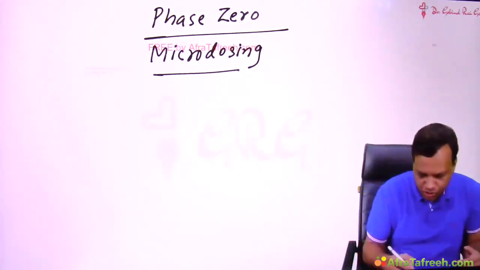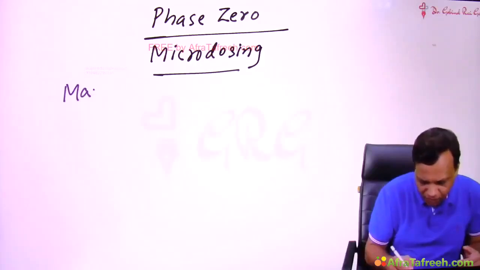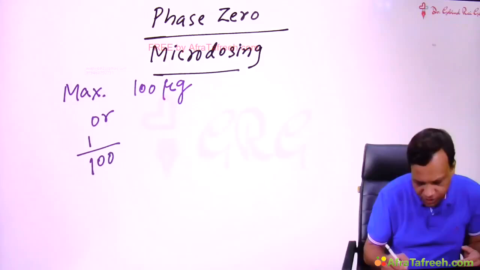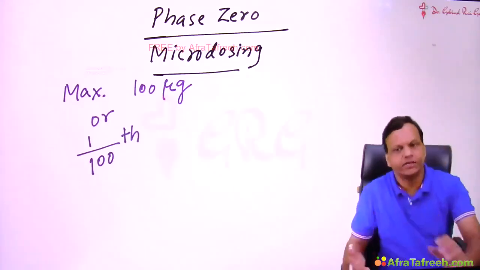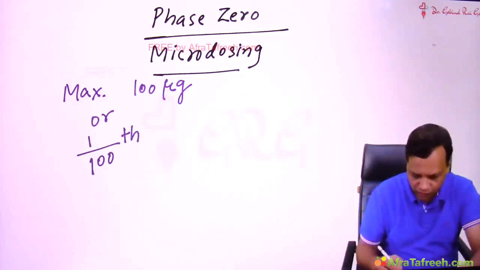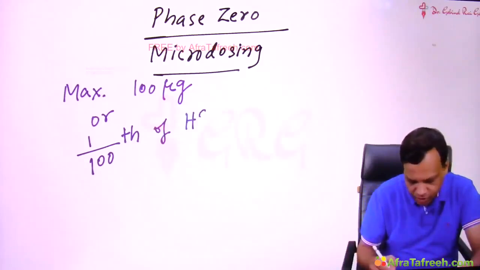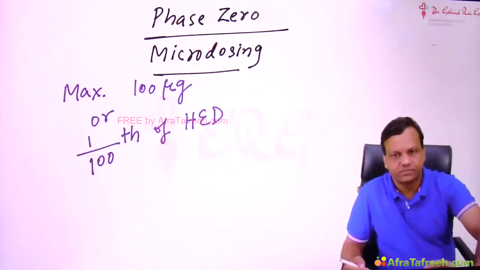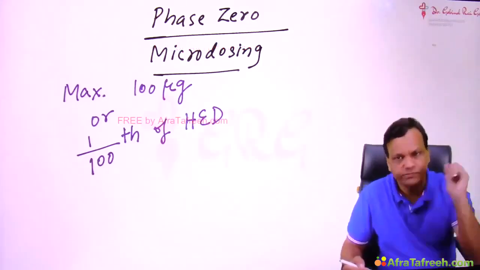We give a maximum of 100 microgram of the drug, or 1/100th of the dose which we want to use clinically, the human equivalent dose, whichever is lesser. So out of these two we will give.